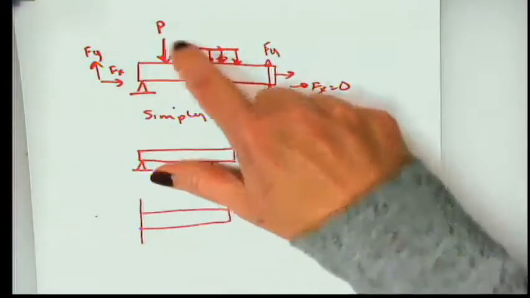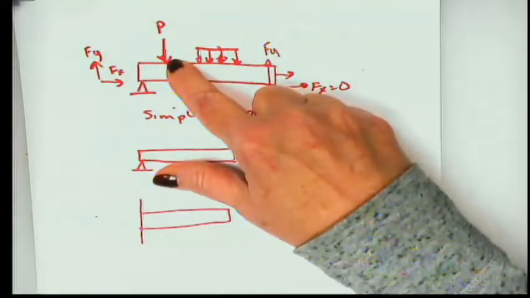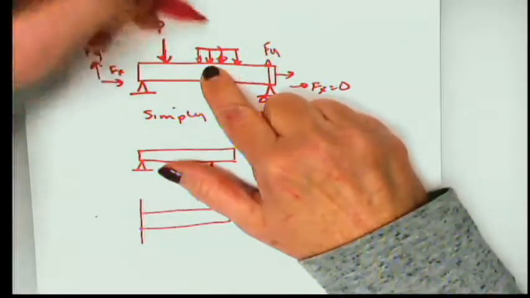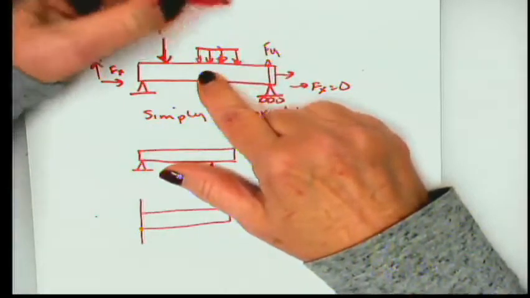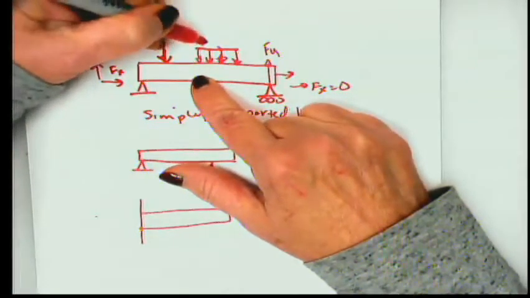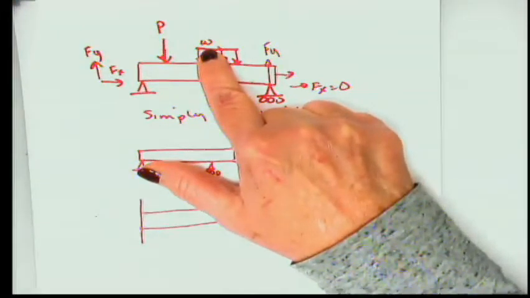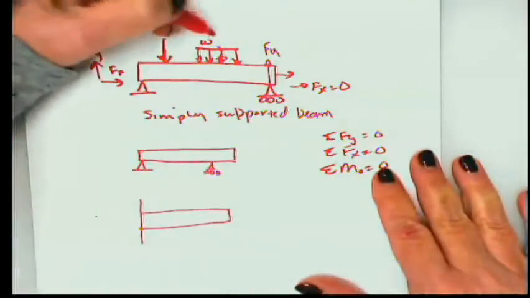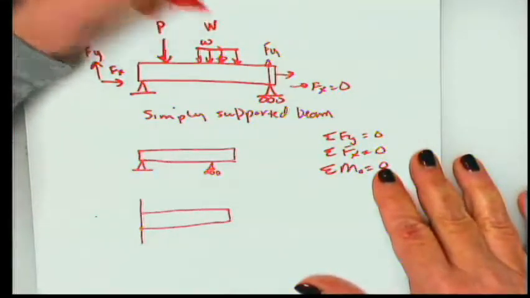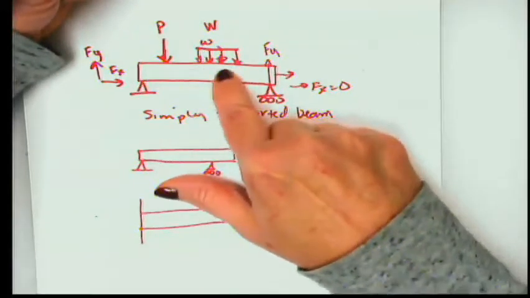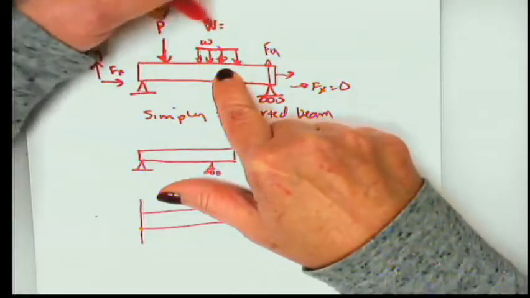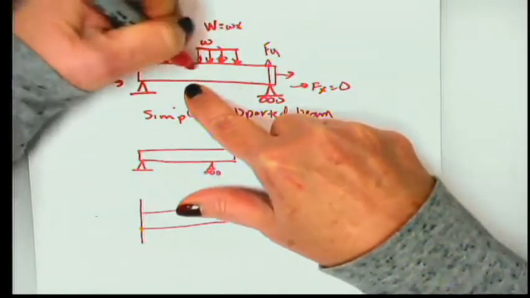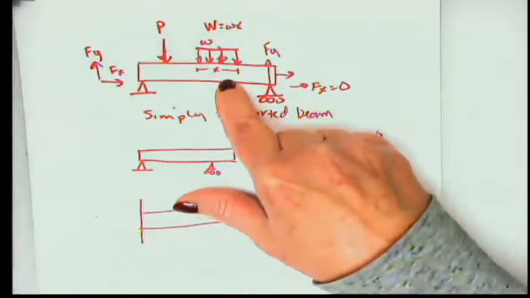In other words, instead of having a load in, say, pounds or newtons, you would have a load that's distributed in terms of maybe pounds per feet or newtons per meter, and that is generally designated by the letter W. Now, the total load that you get from something like this, if it's flat, if it's consistent, the total load is equal to the load per foot times the distance over which that load per foot is applied.